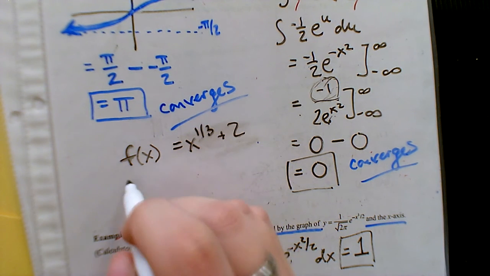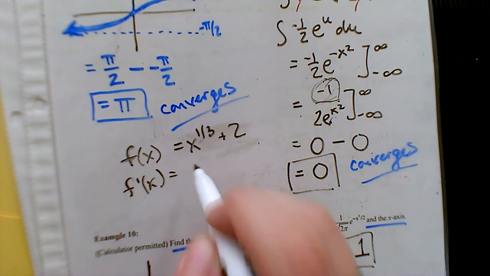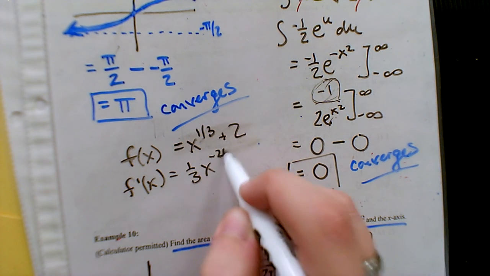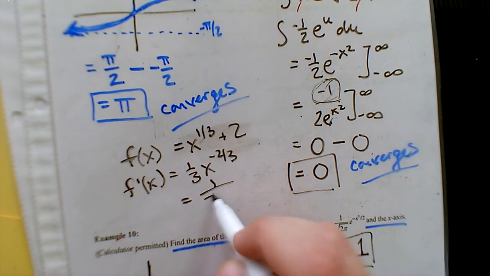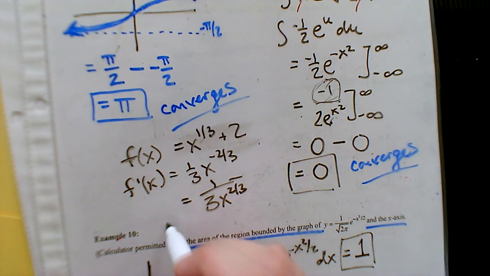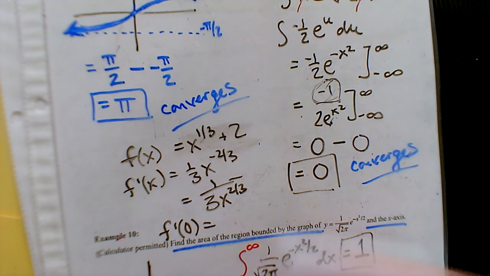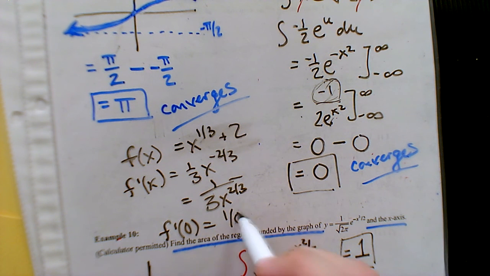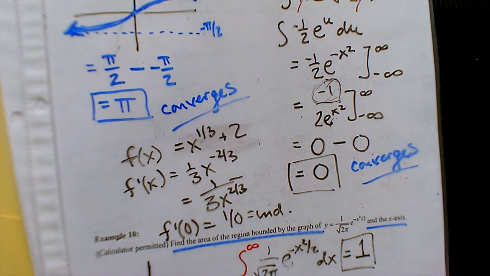If you were to take the derivative of that, we'd have 1/3 x to the negative 2/3, and we can bring that back down to the bottom and make it positive, right? If you plugged in 0 for the derivative, what would you get? 1/0, which is undefined, right?